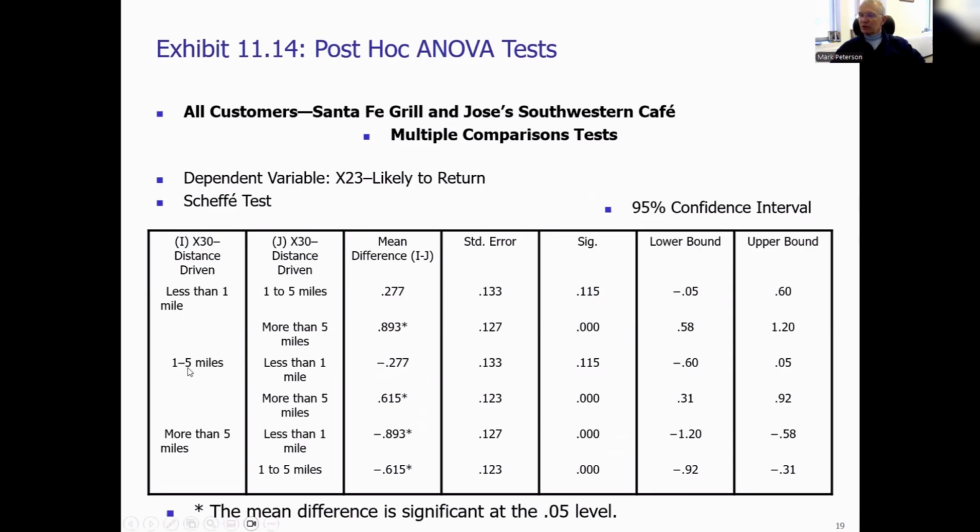When we compare the moderate group, 1 to 5 miles, to the other two, the difference is statistically significant beyond the 0.05 level. And then for more than 5 miles, it's just the reverse of what we've seen previously. So those are statistically significant tests here. So there are differences, and we can see that particularly the more than 5 miles group is different from the other groups.